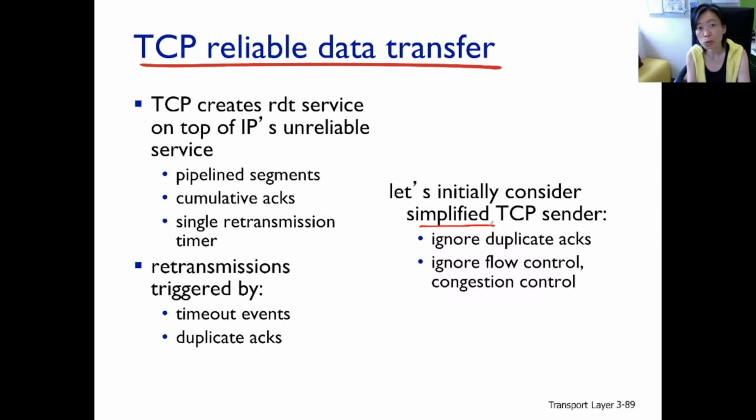The examples we went through are very much based on the simplified TCP sender. The actual TCP sender is way more complicated. We have not yet talked about possible retransmissions when the TCP sender receives duplicate acknowledgements. We have not yet talked about extra mechanisms in TCP's RDT that also support flow control and congestion control. So these will be coming ahead.